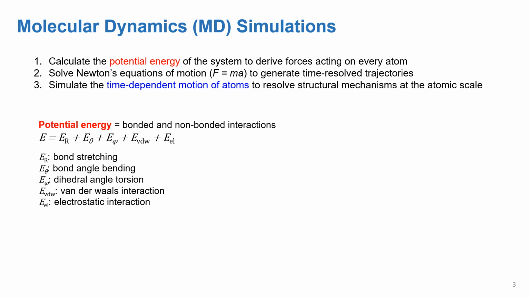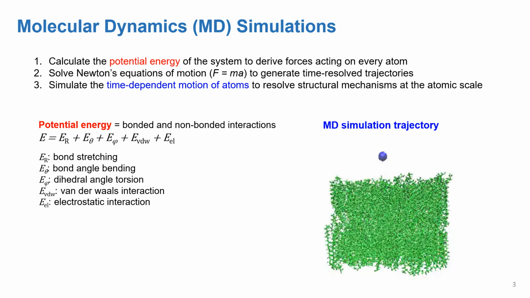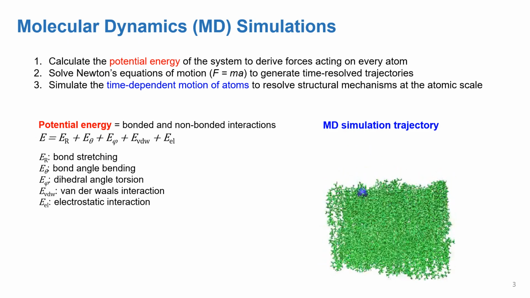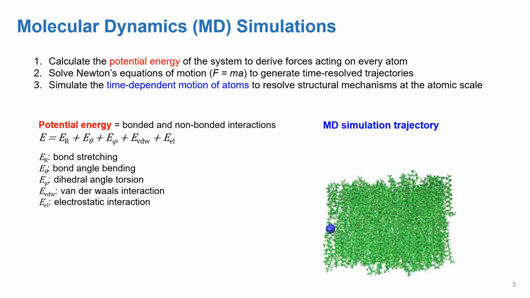Using these forces, we integrate Newton's equations of motion to update the position of each atom, generating a trajectory. By repeating this process millions of times over femtosecond intervals, we can visualize the dynamic motions of molecules and precisely analyze atomistic mechanisms.